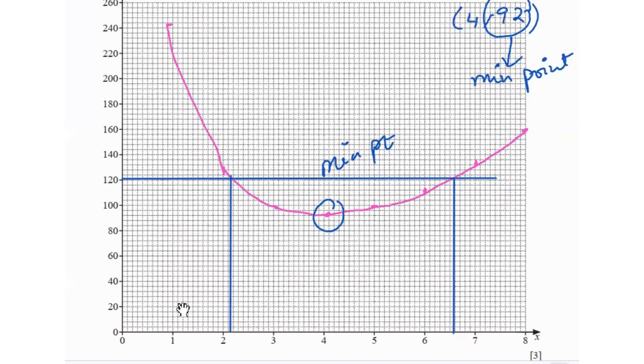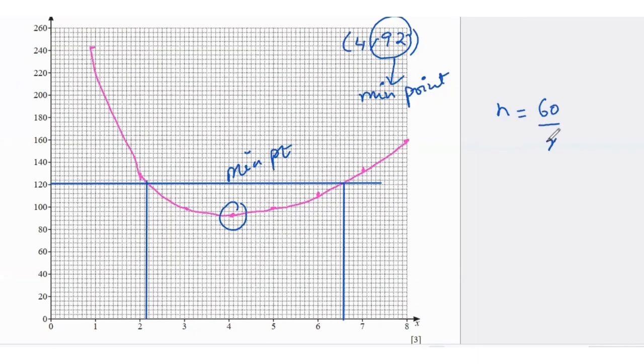So in order for the height to be greater, we know that height has the formula of 60 over x squared. Okay. So if we pick the first value, which is approximately 2.2, let's use 2.2. This value. And over here, what we have is 6.1, 2, 3, 4, 5. I'm going to use 5.